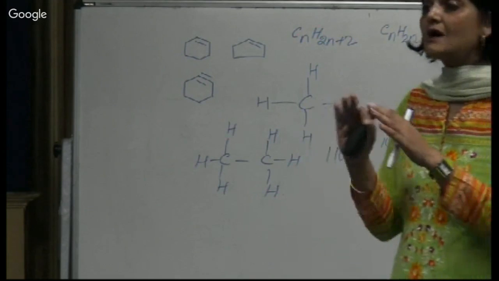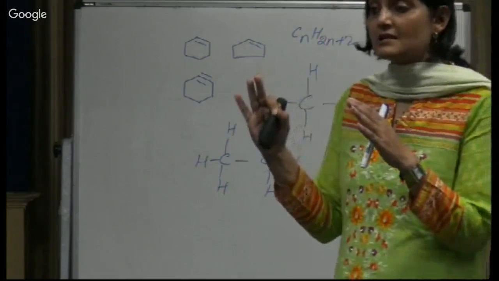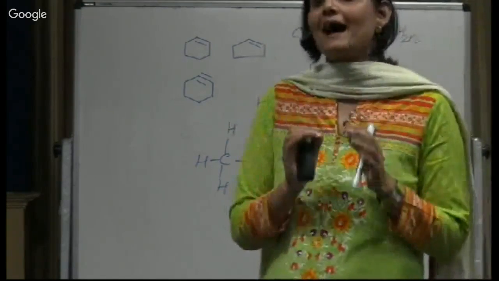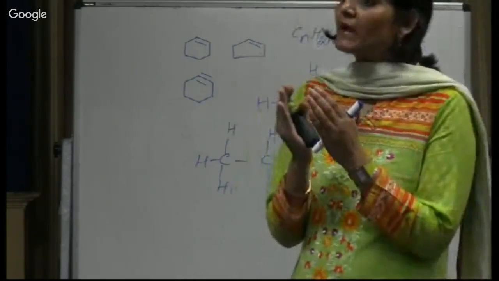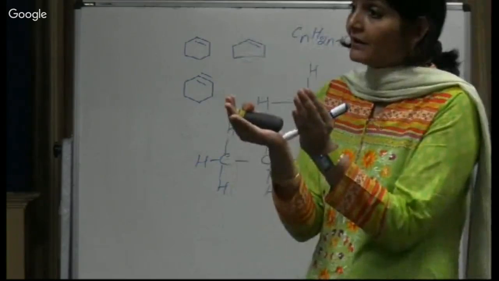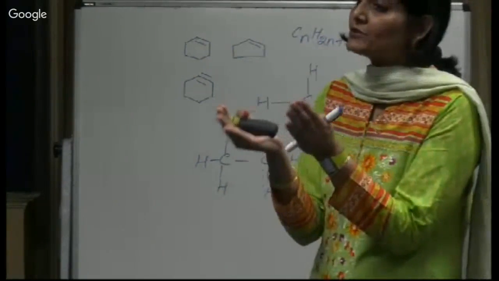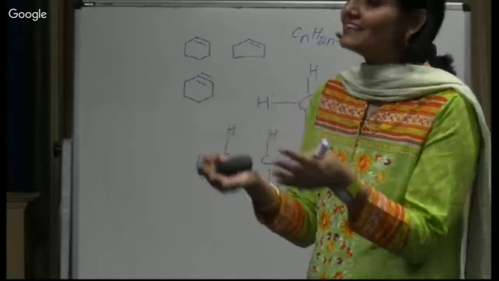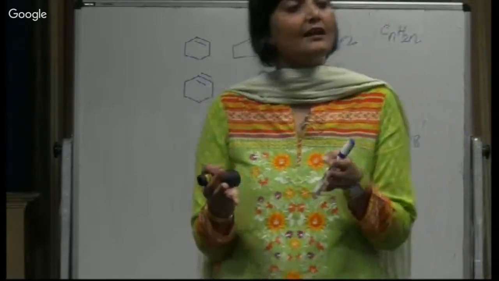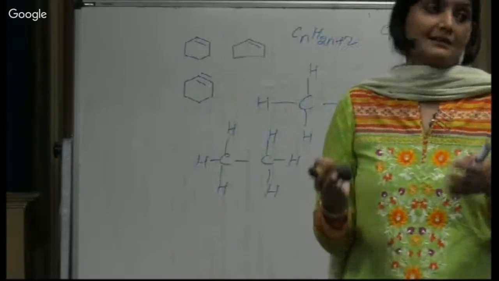This is because as the branching increases, the molecule becomes more and more compact. Because it is becoming more and more compact, approaching the spherical shape, the intermolecular forces of attraction are decreasing. That is why, because of branching, the boiling points will decrease.